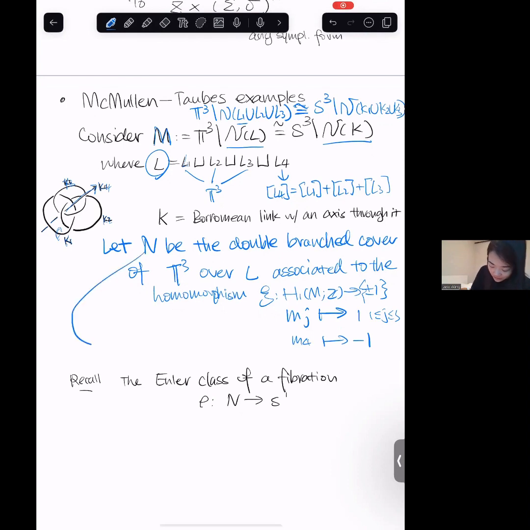And the thing we want to note is that N is also fibered, and obtained from the fibration of T3.